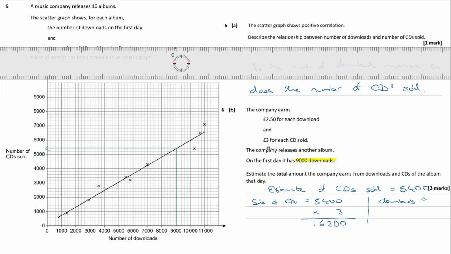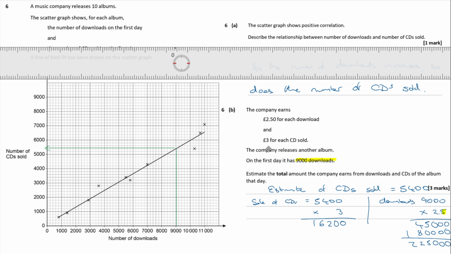And then downloads, that's going to be 9,000 times £2.50 then, isn't it? Okay, so what's that then? So 0, 0, 0, 9 5s are 45. And then add a 0, and 0, 0, 0, 9 2s are 18. So adding that up, I've got 0, 0, 0, 5, 2, 2 then, haven't I?